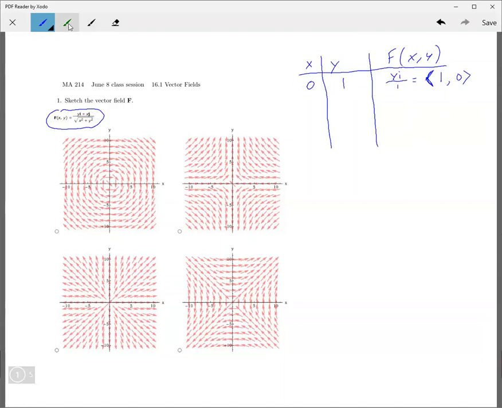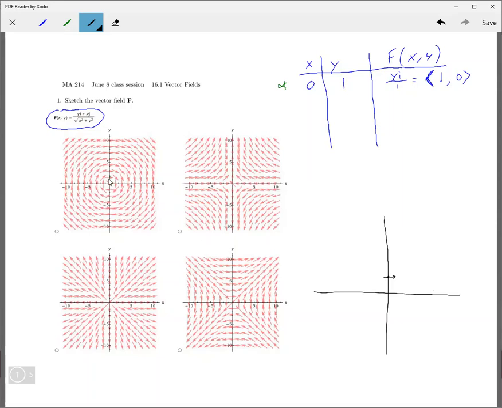So what that means is that if we go to this point right here, 0, 1, which is up here, okay, so let me do it on this separate chart, then our vector should be pointing this way, with magnitude 1 in the direction 1, 0, which is pointing to the right.